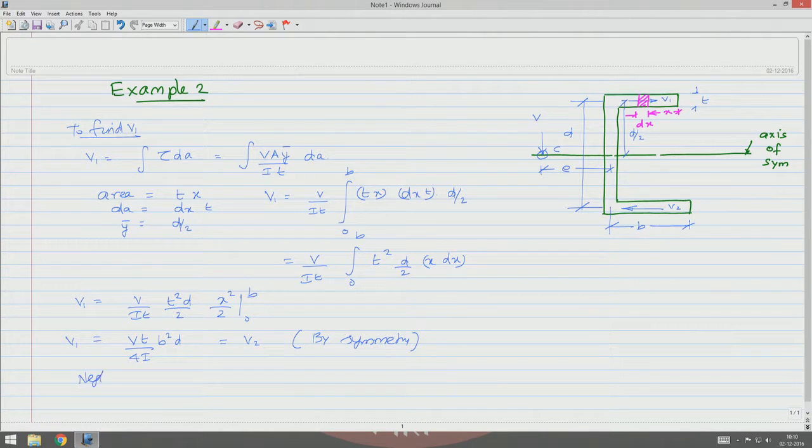Let us neglect shear taken by the web. So, let us take moments about C. So, V into E, which is anti-clockwise, will be now equal to V 1 into d by 2 plus V 2 into d by 2.